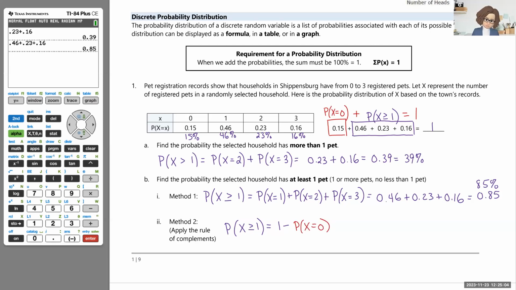All right, so just another way to get to the answer. So we could have done 1 minus the 0.15. And that would have gotten us to the 0.85 as well, or again, 85%. All right. So our next goal will be to look at examples where we have to create the probability distribution ourselves.